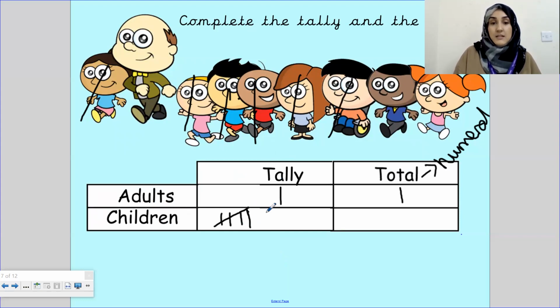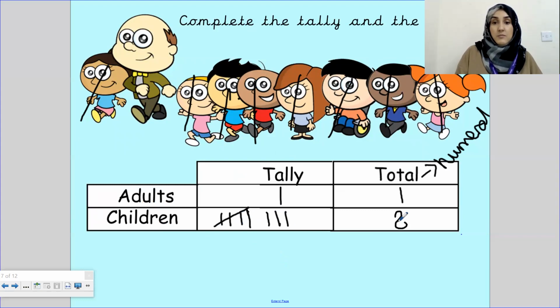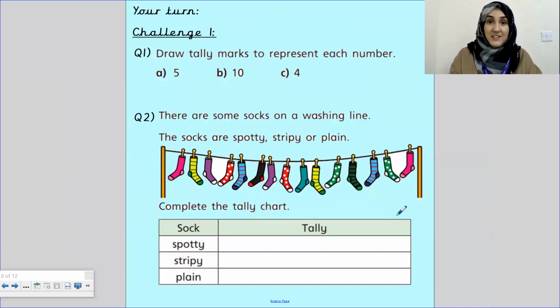That needs to go up there. 6, 7, and 8. Now I know that that's 5. That's 1, 2, 3, 4, and then 1. That's 5. And then I've got 6, 7, 8. 8 all together. So my total, I'm going to write my numeral, the number 8. Thank you very much for completing that with me, Morris class.